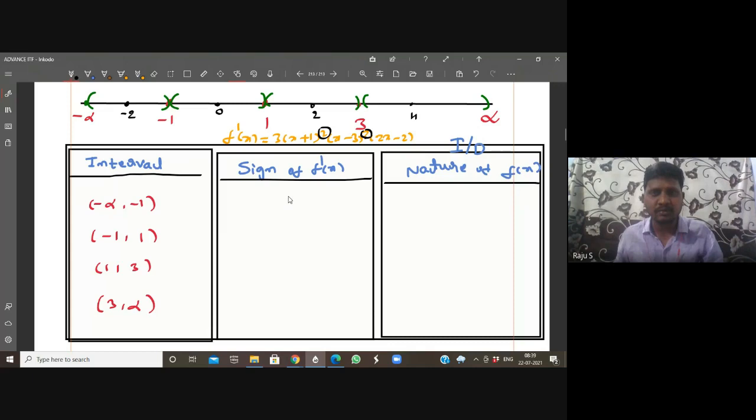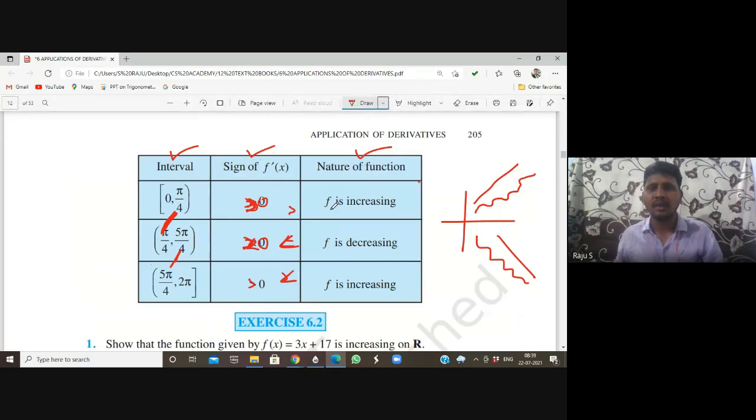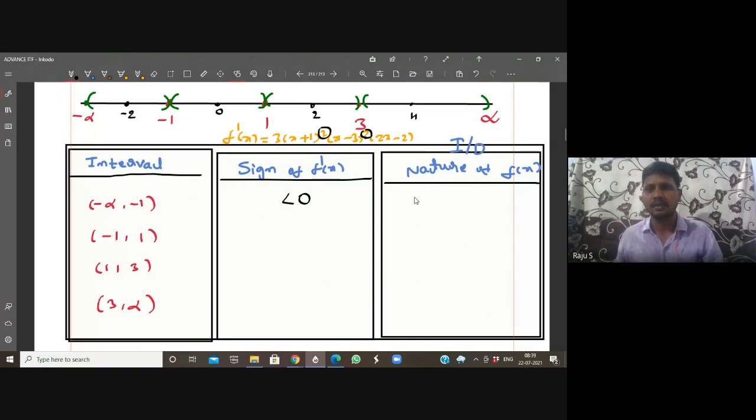Negative or positive? Negative. Negative means lesser than 0. Whenever lesser than 0, what is the nature? I or D? Yes, D. F is decreasing. Like that you have to write: f is decreasing. Here lesser than 0 means strictly decreasing.